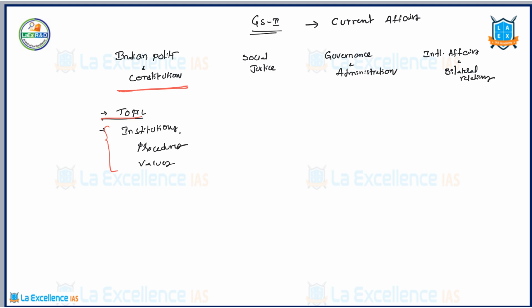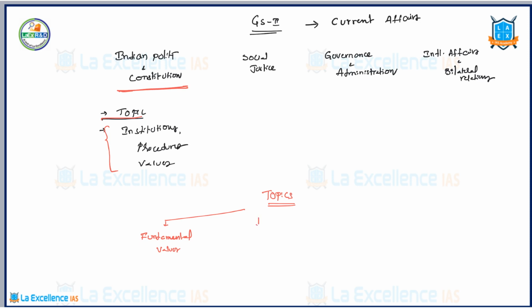In this context, let us understand a few things here. When we go to these topics, as UPSC mentioned, let us see the topics first. In the case of the topics, we can divide it this way. First is fundamental values of the Constitution.